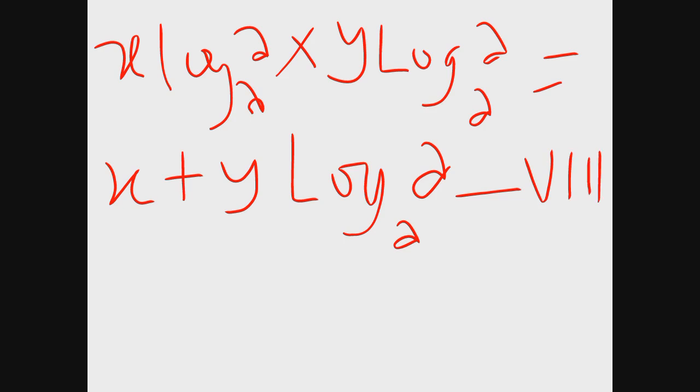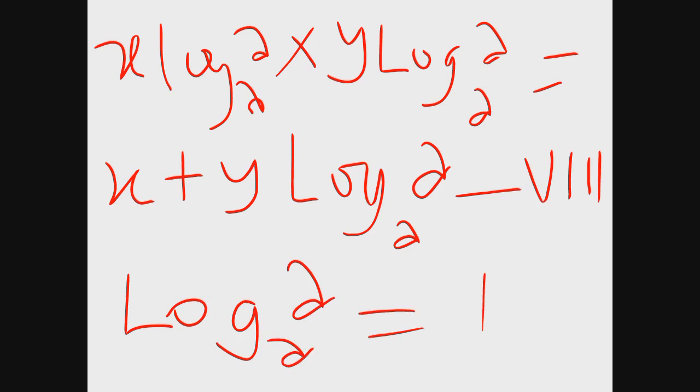Now the next thing we do on equation 8 is that we apply the unit law of logarithm, which states that log a base a equals 1. Applying this on equation 8, log a base a here will turn to 1, and log a base a here will turn to 1.